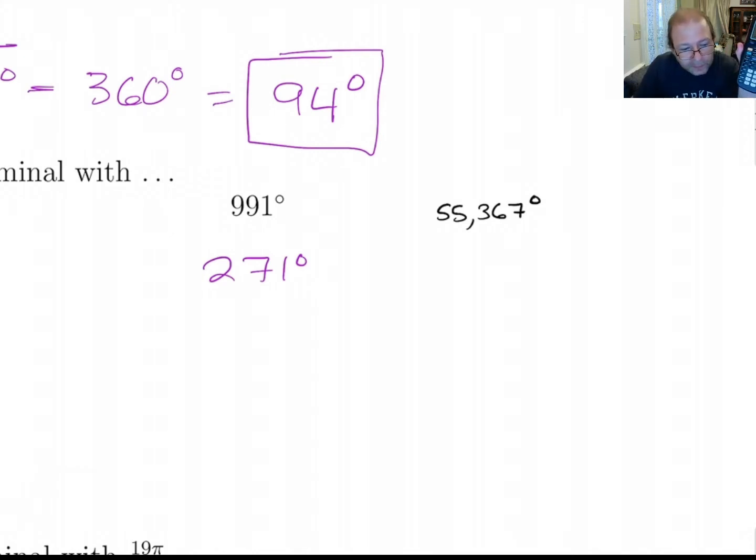And that gives me this value here. Now, that's bigger than 36,000, so now I'm going to subtract off 3,600. You know, 3,600, that's 10 revolutions. And I'm going to subtract that off until I get down to something. Okay, I went too far. I'm in the negatives now. But I'm going to add 360 onto that until I get back up to the positive numbers. There we go, 287. So this is coterminal with 287 degrees.